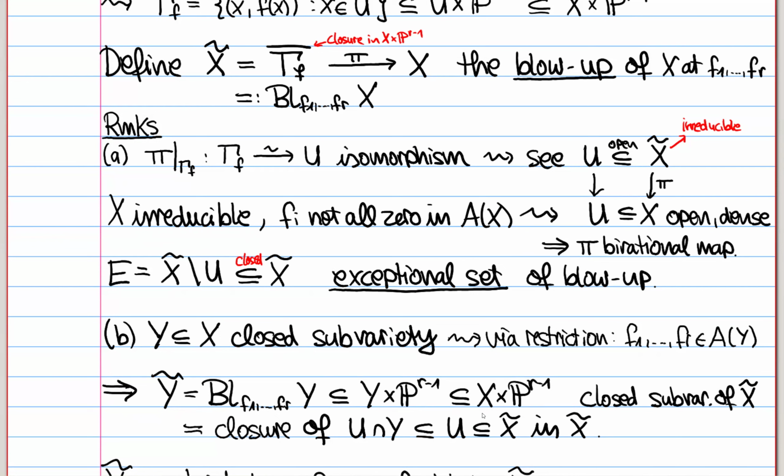And then, because everything is closed, you can check that the closure, which is used to define this y tilde, automatically gives you something in this closure, which is used to define the X tilde. And so this means this blow-up y tilde always sits as a closed subvariety of the blow-up X tilde. And to show this, you use that y tilde is the closure of this set here, and so it's automatically sitting inside the X tilde.